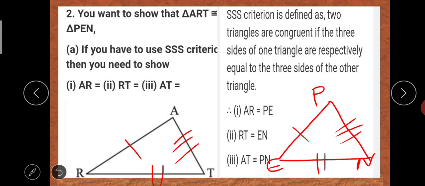Okay, that property we are going to use. Again read the definition. Two triangles are congruent if the three sides of one triangle are respectively equal to the three sides of the other triangle. Every time I am writing the definition just to revise. Okay, so here we have shown the comparison of these two triangles with their sides.